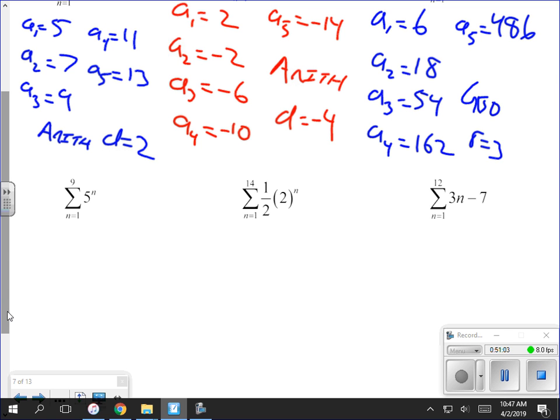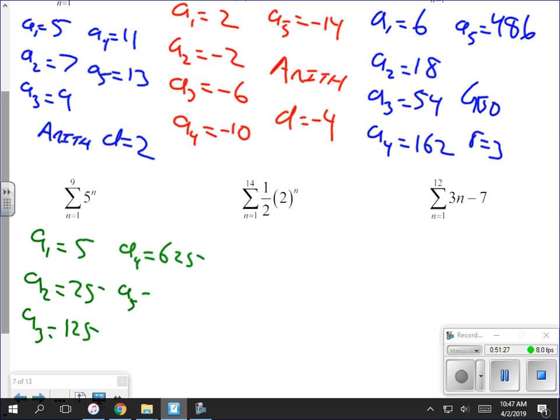So if I look at this one, I want the first 5 terms. This one's actually pretty easy. 5 to the first power. A sub 2, 5 squared. A sub 3, 5 cubed. A sub 4, 5 to the 4th.